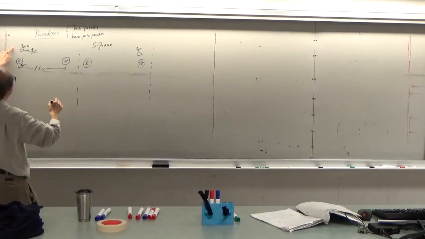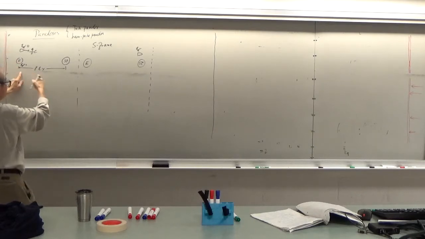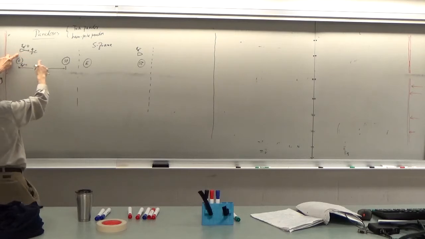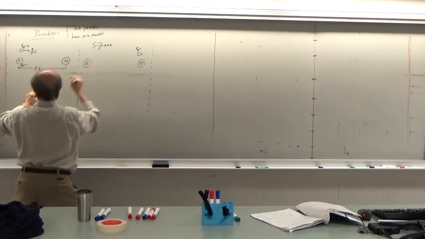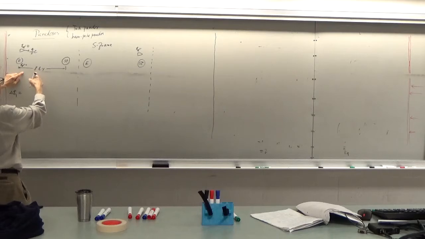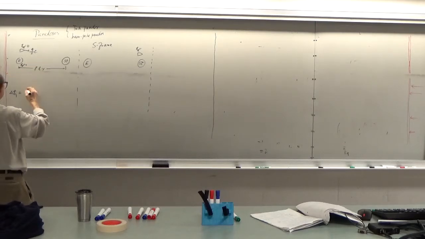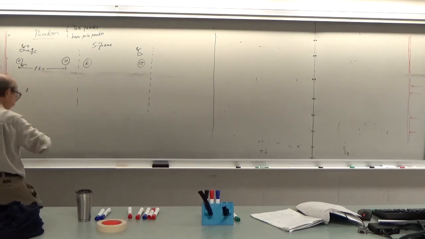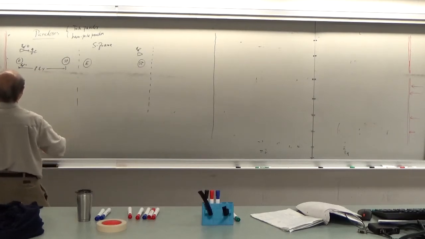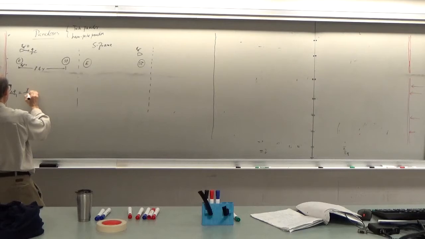In this frame, the first leg of the trip, namely for the astronaut brother to go from Earth to the star, I will call delta T1. The first leg of the trip would be given by 8 light years traveled with this speed, so it would be 8 over 4/5.